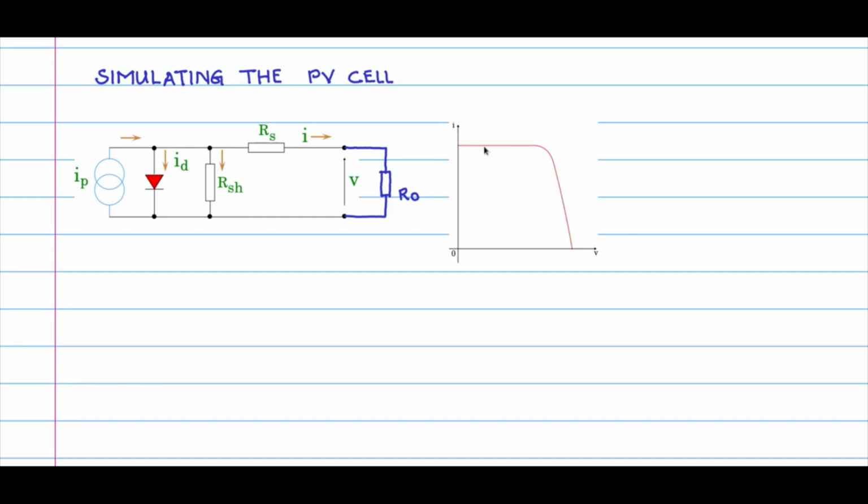So therefore, we make the load resistance R0 variable. In such a case, by making R0 0, you would achieve V0 of 0. There will be a short circuit current flowing through the R0.